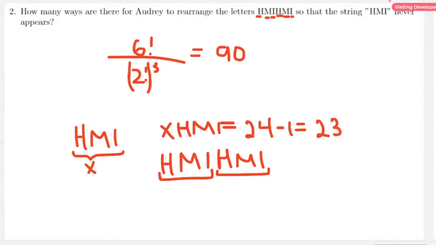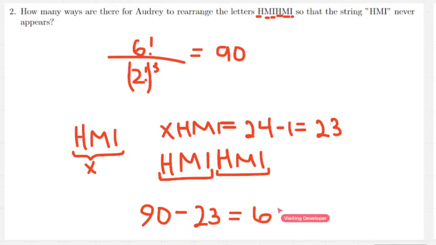So we have 23 actual ways for the string HMI to appear. And so in total, we have 90 minus 23 since we're going to take out the rearrangements that do have HMI. So in total, this gives 67 ways to rearrange the letters of HMIHMI so that the string HMI does not appear.